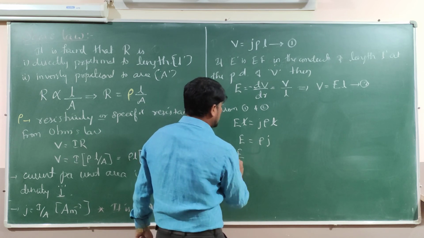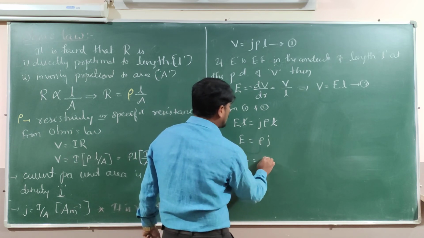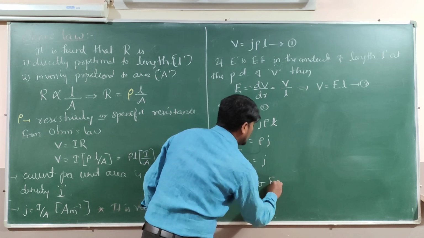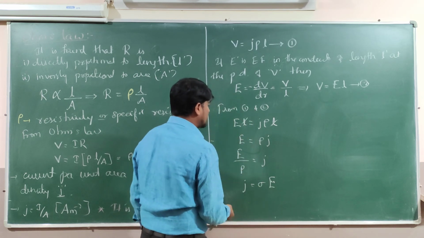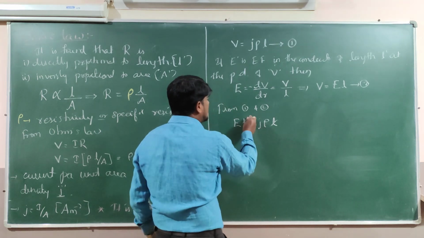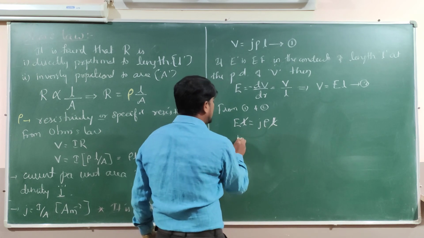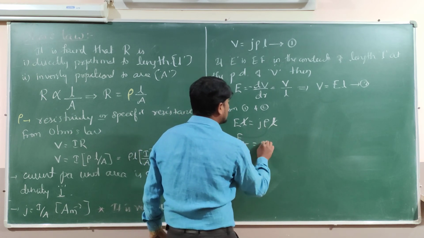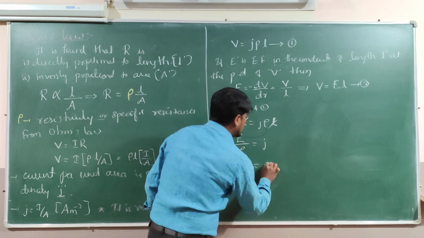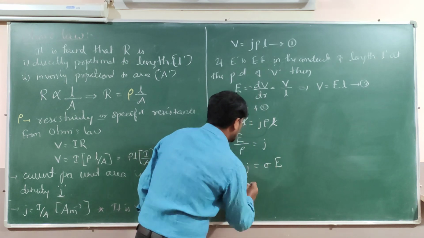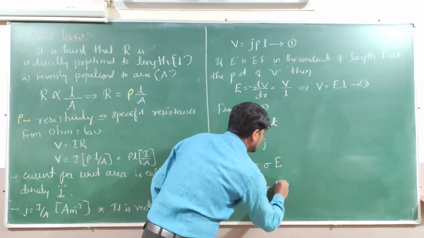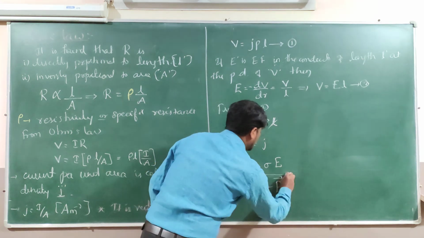So this becomes E by rho is equal to J. So J is equal to sigma into E. So in vector form, J is equal to sigma into vector E.